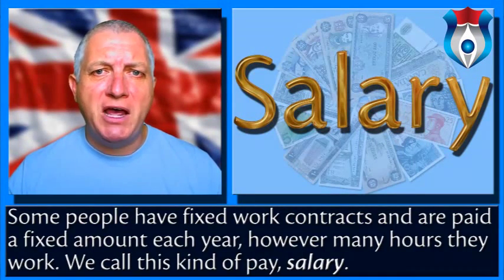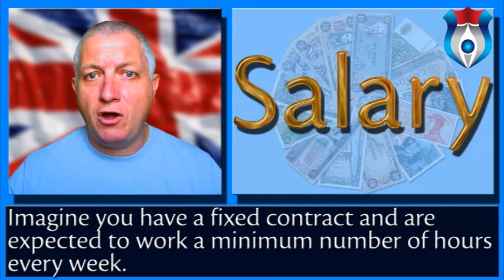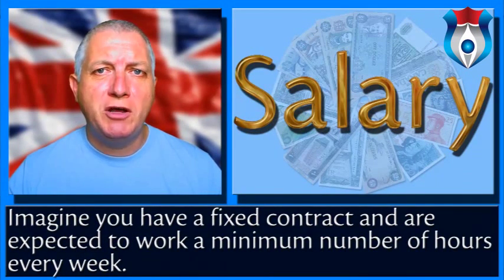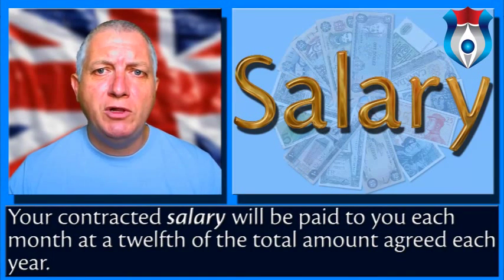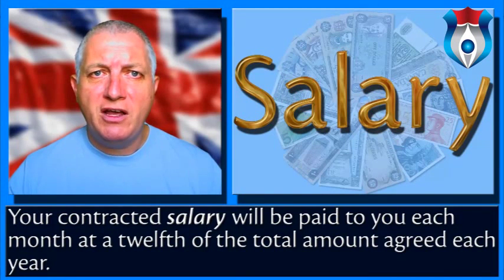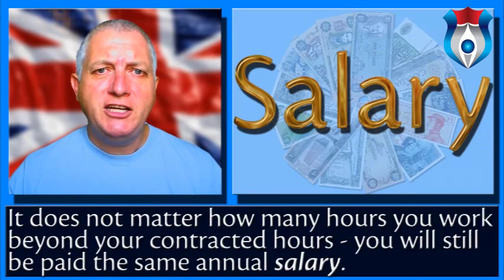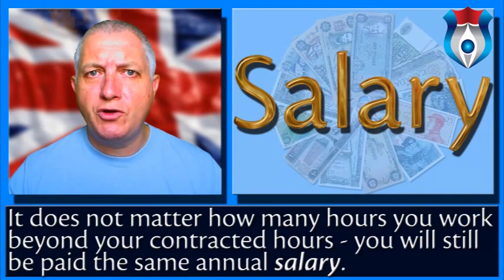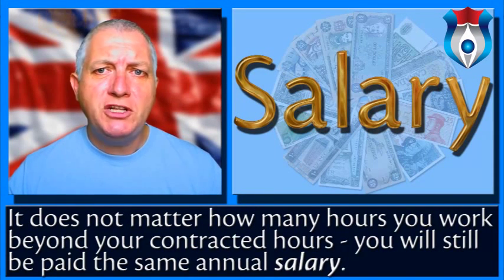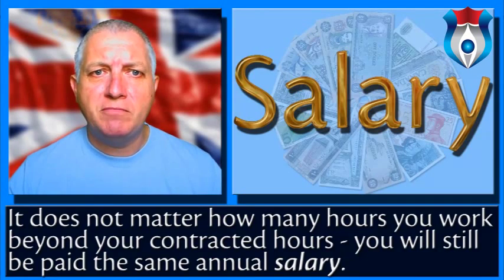We call this kind of pay salary. Imagine you have a fixed contract and are expected to work a minimum number of hours every week. Your contracted salary will be paid to you each month at 1/12 of the total amount agreed each year. It doesn't matter how many hours you work beyond your contracted hours, you'll still be paid the same annual salary.